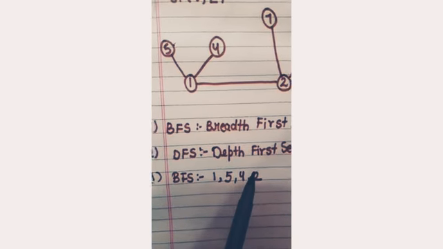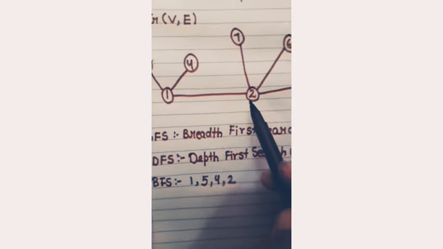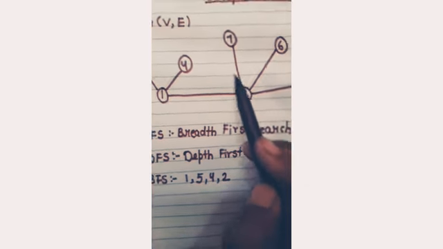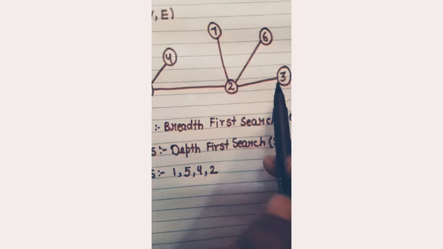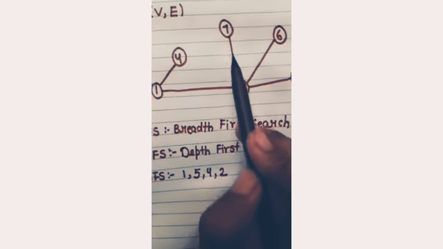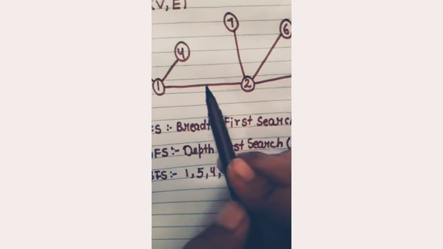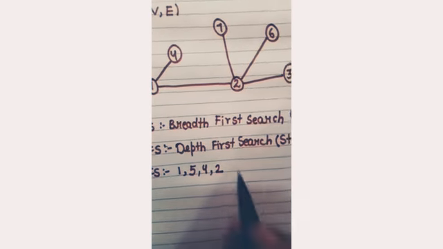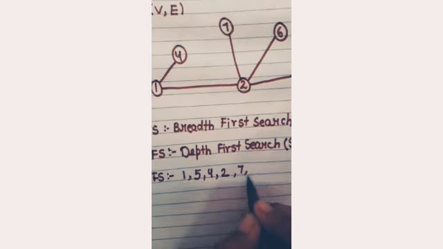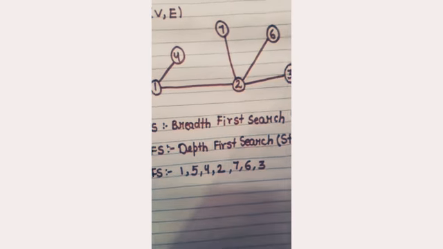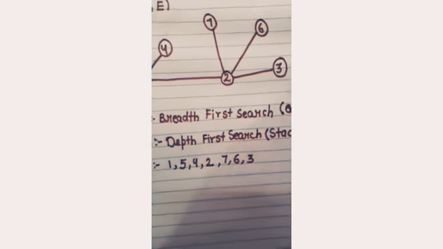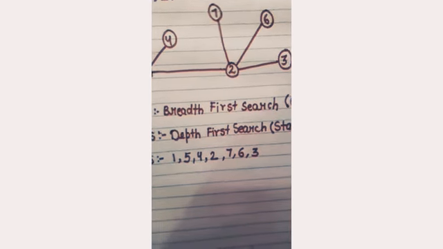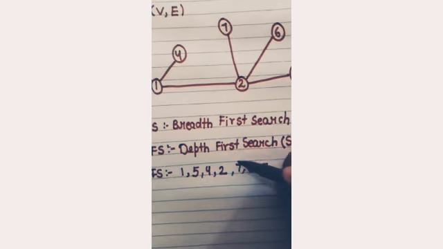Now come on 2. So when you come on 2, you find that 2 has multiple adjacent vertices like 3, 6, 7, 1. 1 won't be written because 1 is already written, but 7, 6 and 3 are not written. So we will write them in any of the order. And the concept is same. After moving on from 2, we come on 7.